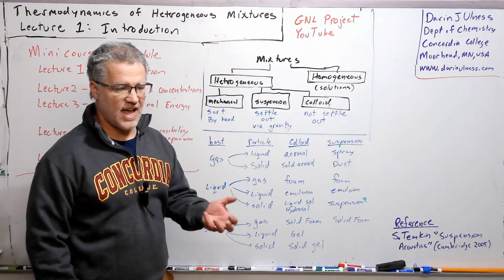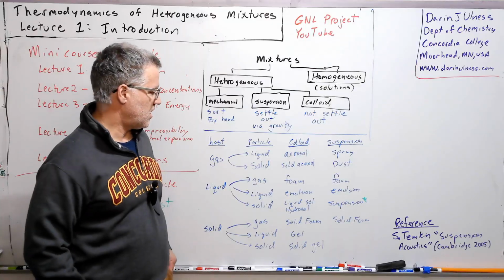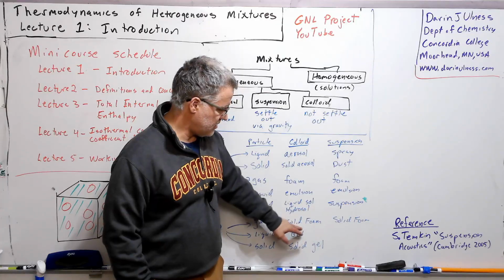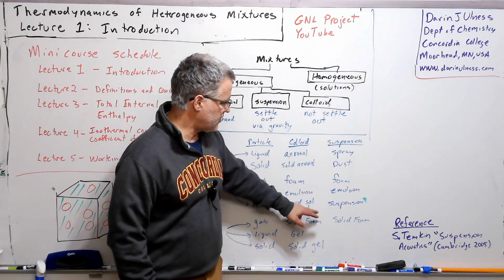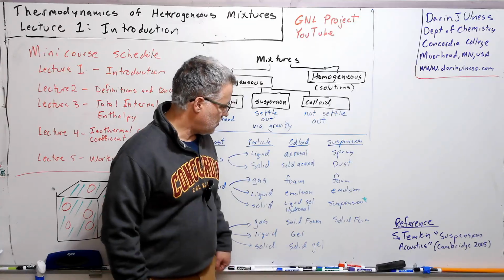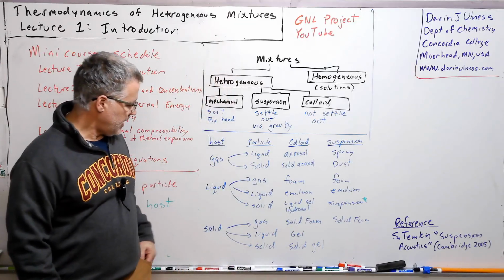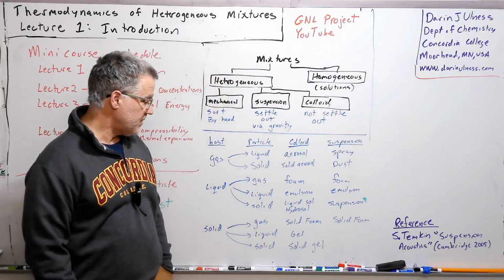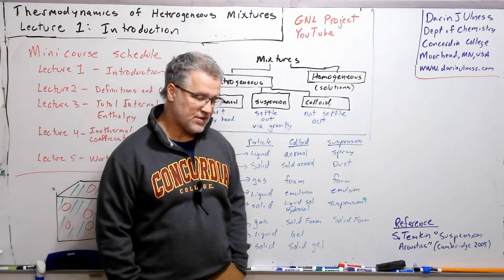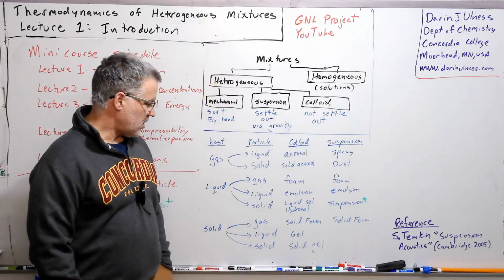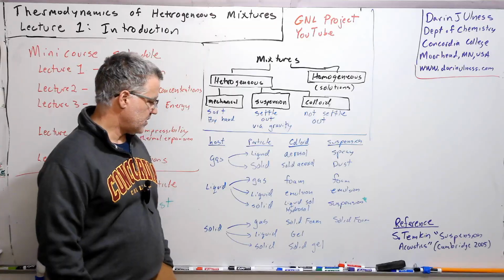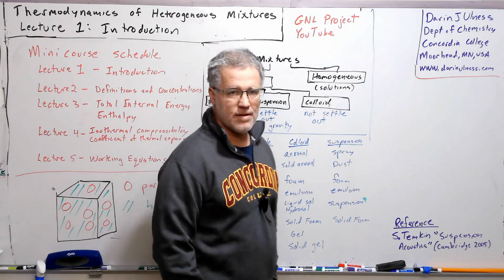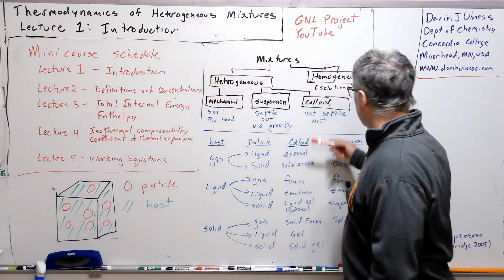The size of the gas chambers in there determine whether it's a suspension or a colloid. And then liquids in a solid, they're usually called a gel, and if it's a solid in a solid, we sometimes call that a solid gel. So these are the categories that we'll be talking about.